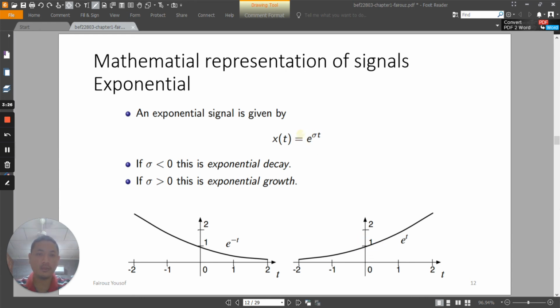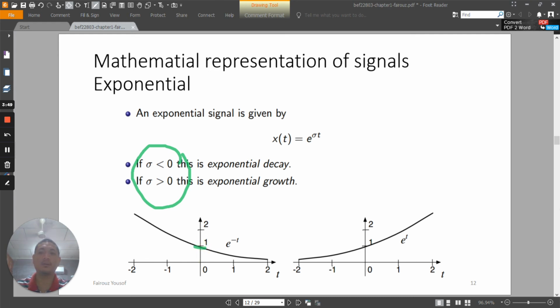If this is 2, this is 2. So the sigma here actually determines the shape.